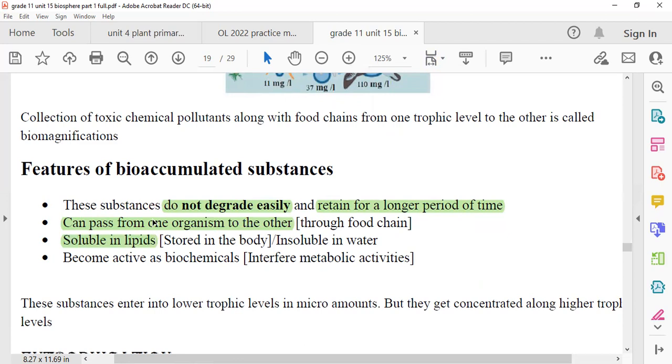They are stored in our body also. We have several places, fat deposits. In those fat deposits, these kinds of substances will be stored. And they are very active biochemicals. They interfere with metabolic reactions, and they will cause several diseases.